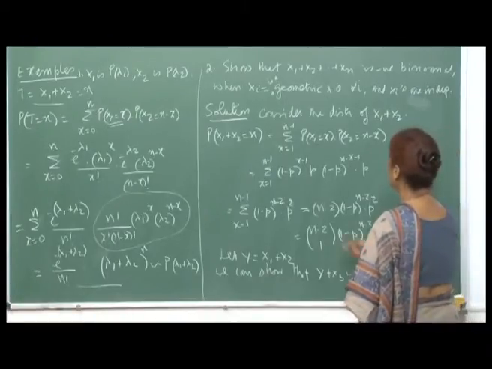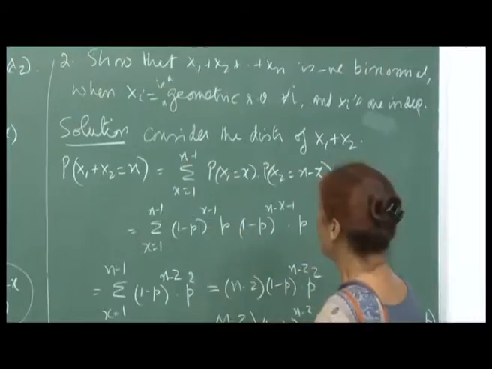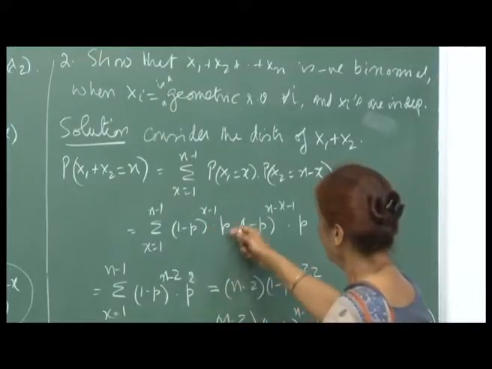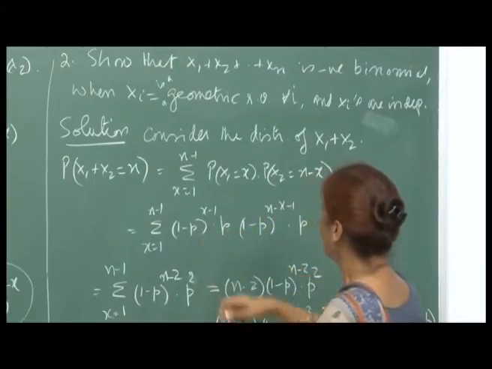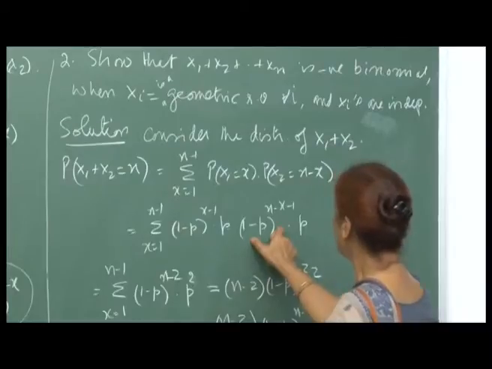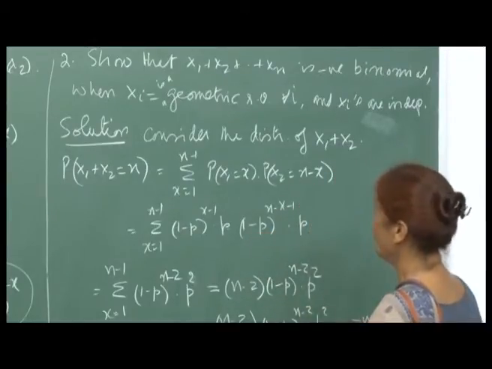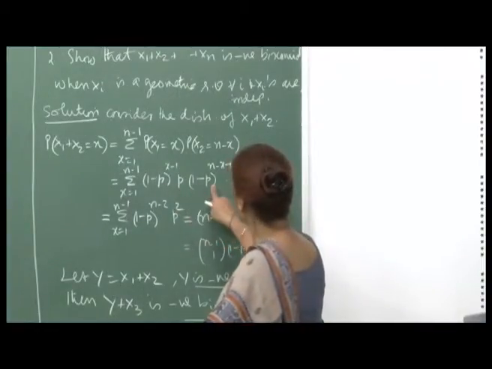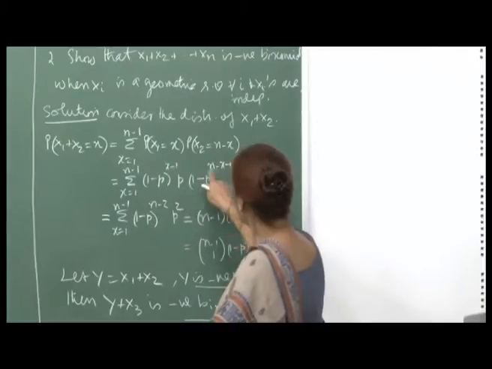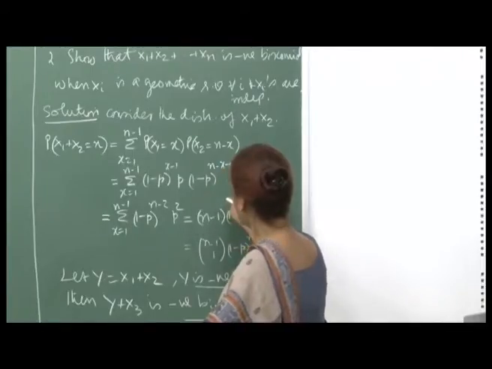The probability of X1 equal to x is (1 minus p) raised to x minus 1, into p. At the xth trial the success must occur, otherwise before that all failures, and similarly here it will be (1 minus p) raised to n minus x minus 1, into p. When you rearrange the terms, x minus 1 and minus x, so x cancels out, you are left with n minus 2 and this is p squared.